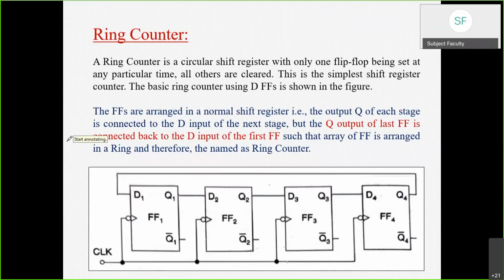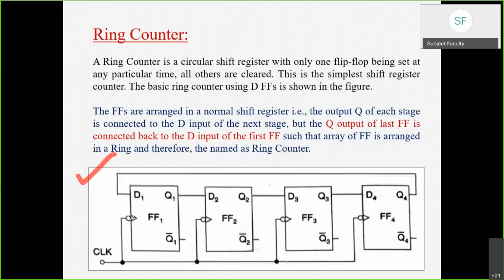If you observe it carefully, I have already told you that it will be similar to the serial in serial out shift register. But while discussing the serial in serial out shift register, we used positive edge trigger. Here it is negative edge trigger. That doesn't matter.